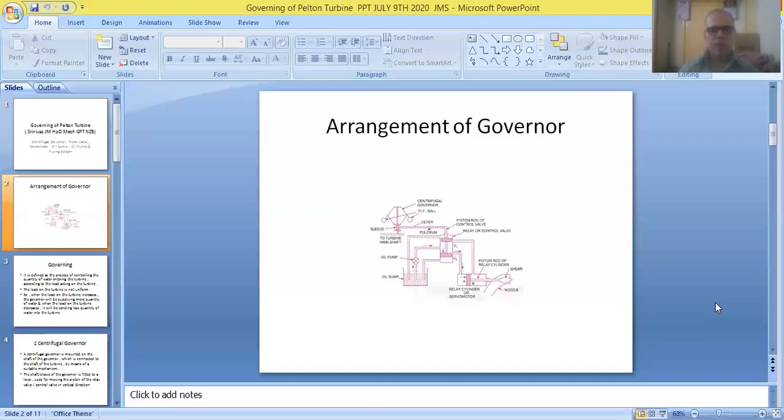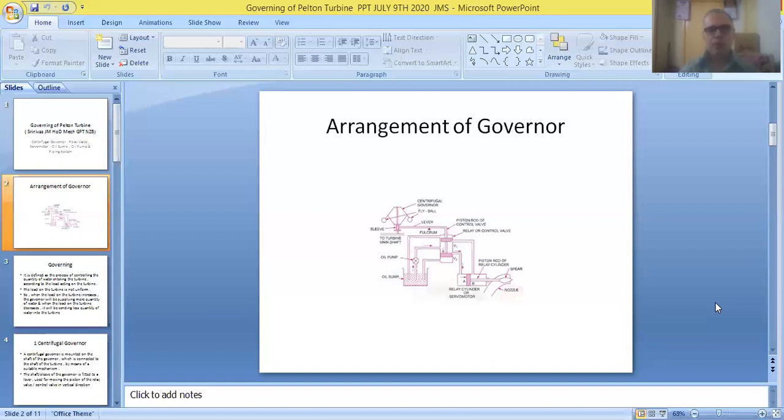You can see the arrangement of the piston rod of the servomotor. This is finally connected to the sphere that is arranged inside the nozzle. So this is the arrangement of the governing system.